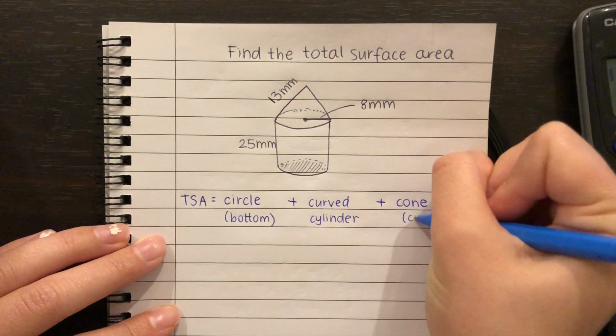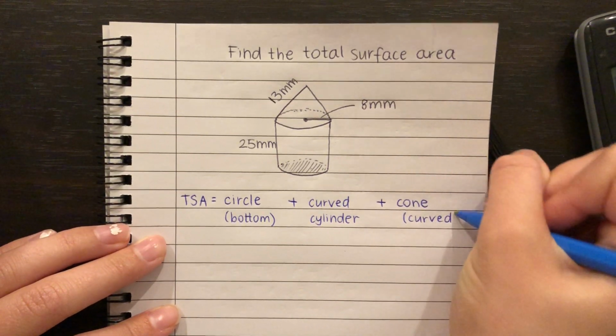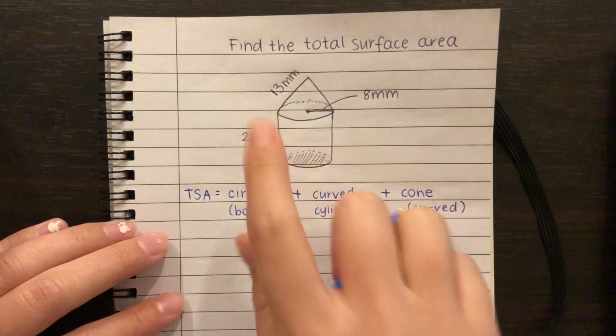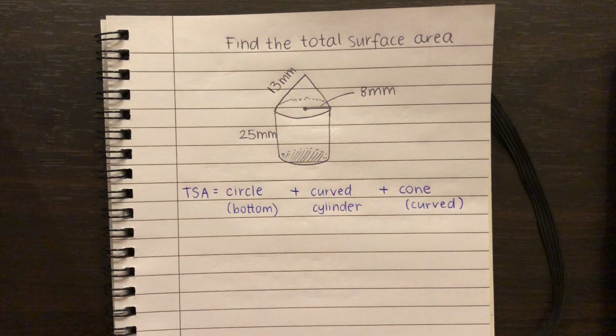Just the curved part. Right, so we need to find these three area values and then we can add them all together to get the overall total surface area.